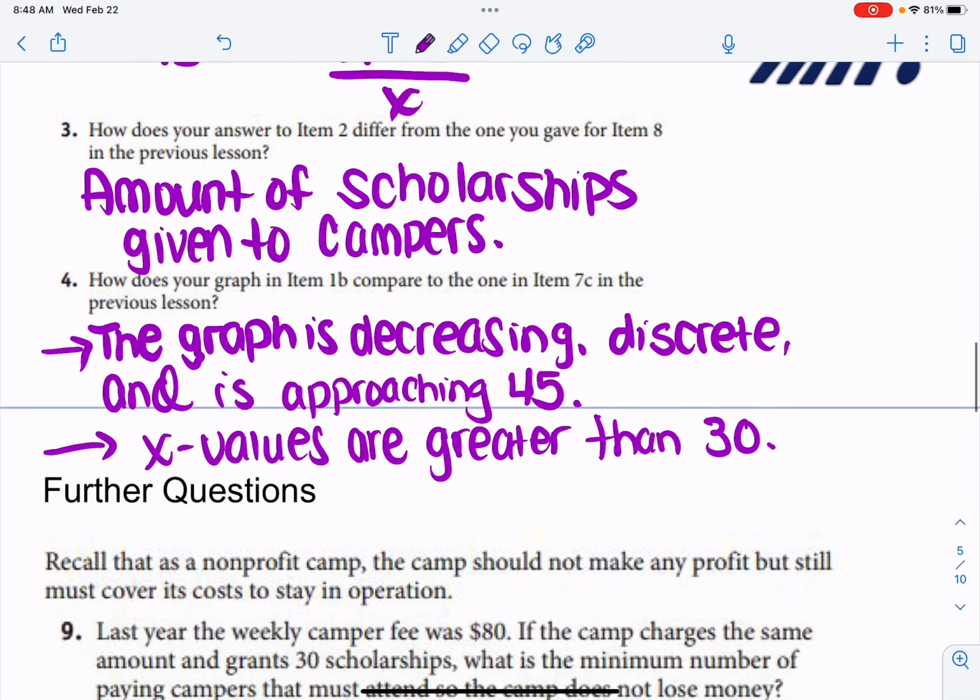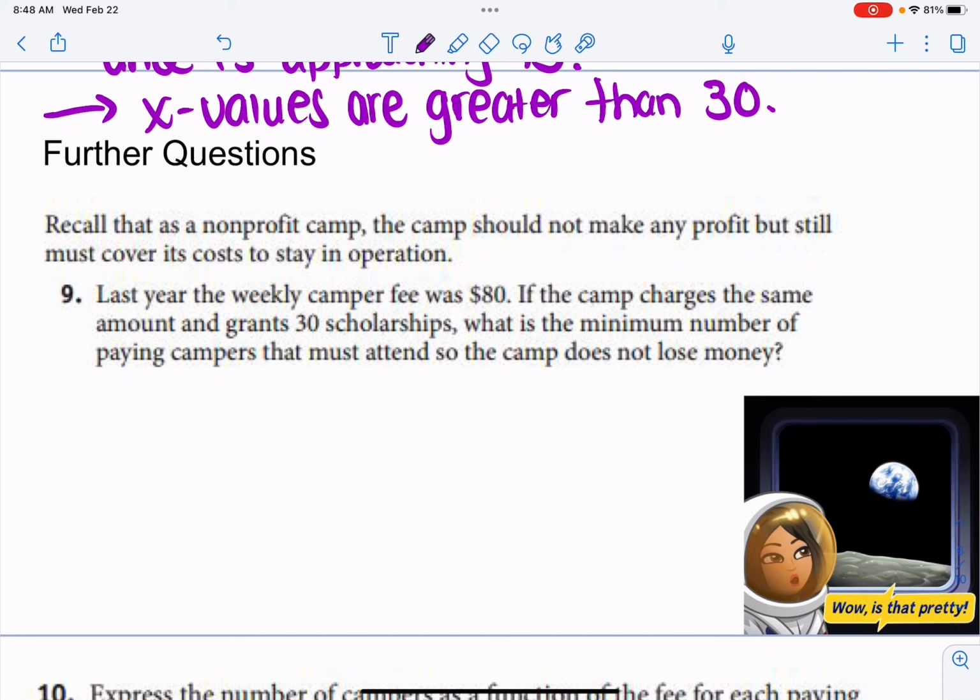All right, for the next question, it says, recall that for a nonprofit camp, the camp should not make any profit, but still must cover its cost to stay in operation. Last year the weekly camp fee was $80. If the camp charges the same amount and grants 30 scholarships, what's the minimum number of paying campers that must attend so that the camp does not lose out?